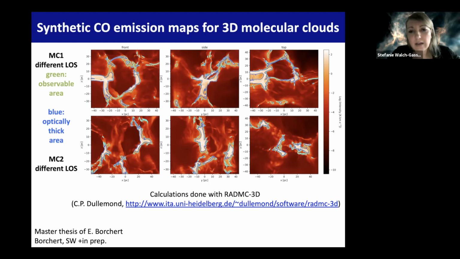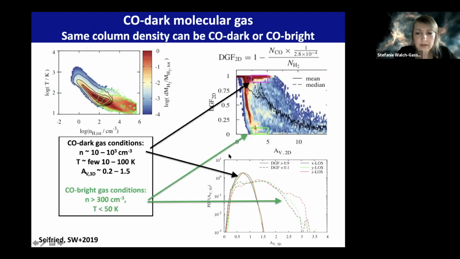Therefore we also consider atomic hydrogen and helium as collisional partners. We find that in particular the atomic hydrogen is important and might raise the intensity of the CO in these outskirts of the molecular clouds.